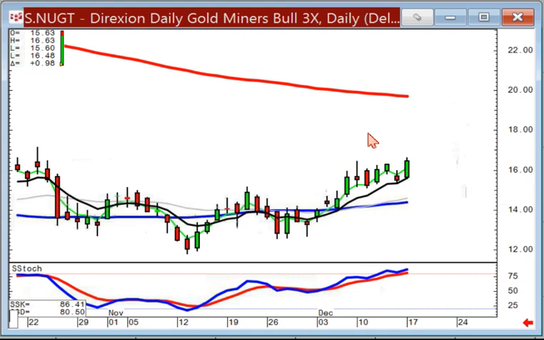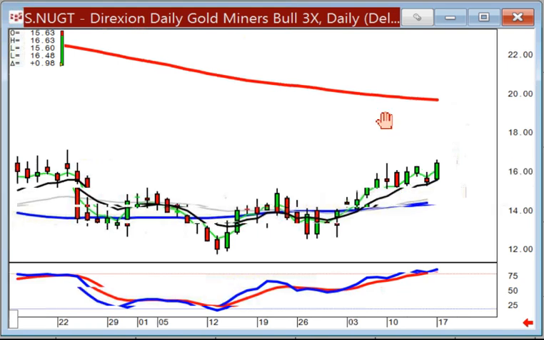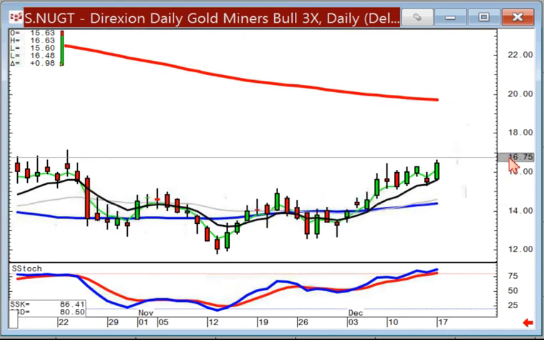So what did this tell us? Not just for Nugget, but if you've got a fry pan bottom and Nugget is trading stronger, that's pretty much telling you the golds are trading stronger. So that gives you a place to start, or if you want to be long, a place to have a few long positions in gold stocks.